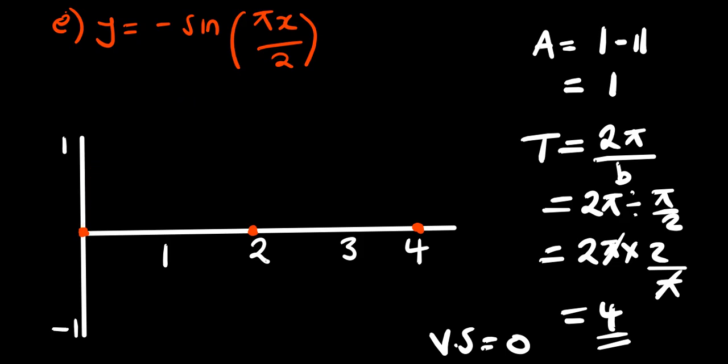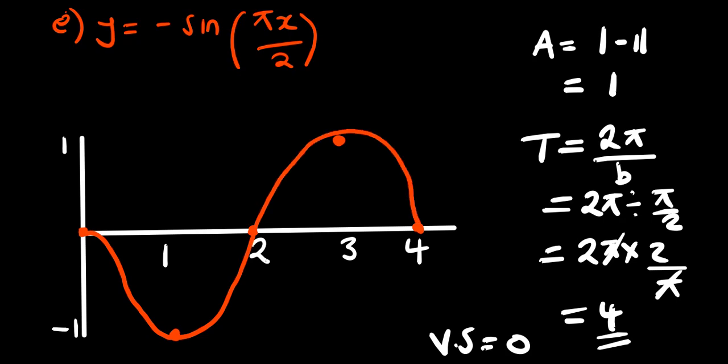Now in this case it's going to be opposite. So it's going to pass through this point and through that point. So it's going to move like that and like that. Okay, passing through that point. So this is going to be the graph of y equals negative sine pi x over 2.